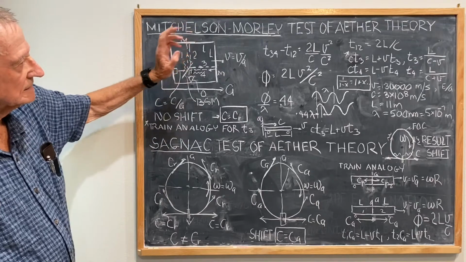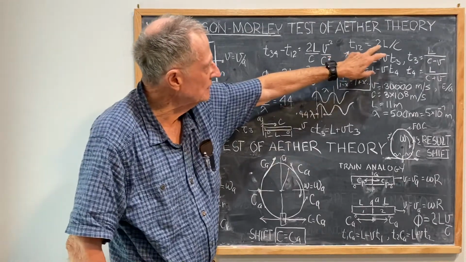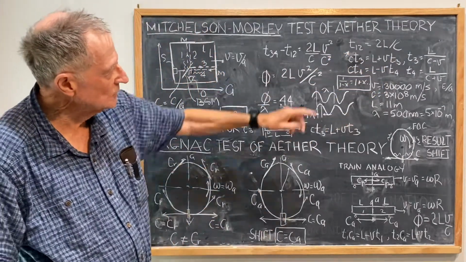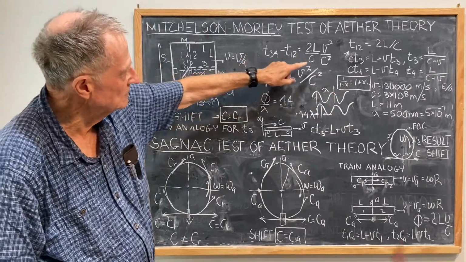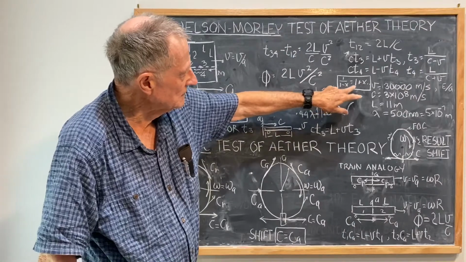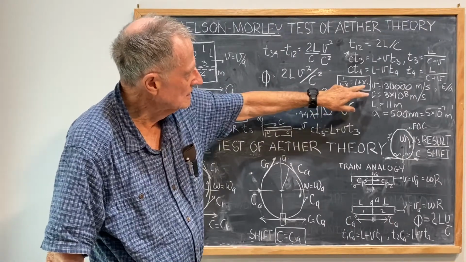The calculation is given over here, and there's only one thing to note in arriving at the result for T34 minus T12: that 1 over 1 minus x, for x very small, is approximately 1 plus x.